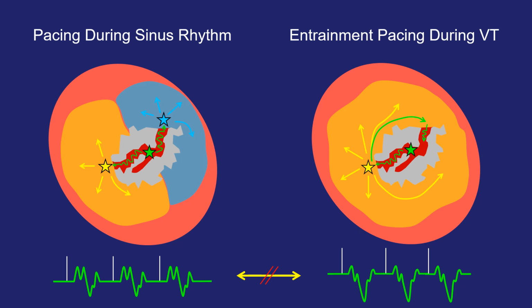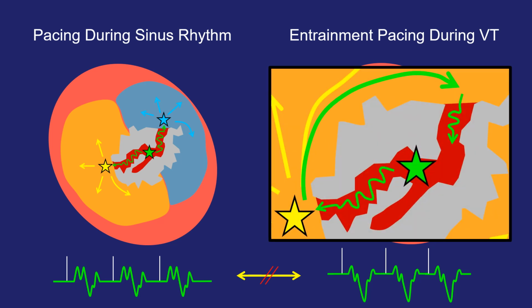And during VT, you can only escape out a single way, because going back in the other direction, you're going to reach refractory tissue. The oncoming VT wavefront will have entered the scar and prevent you from exiting in that direction. So you're only going to exit out the same way that the VT was exiting, giving you a different morphology during VT entrainment than during pacing alone.